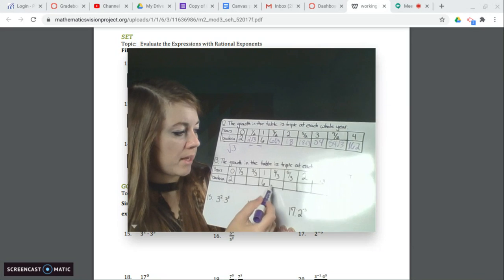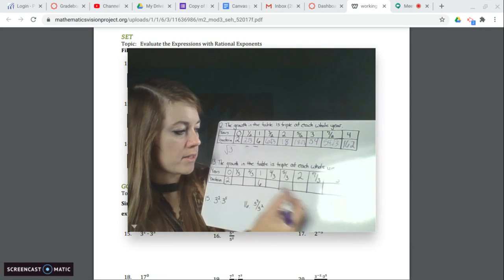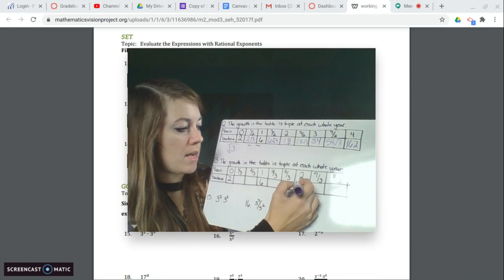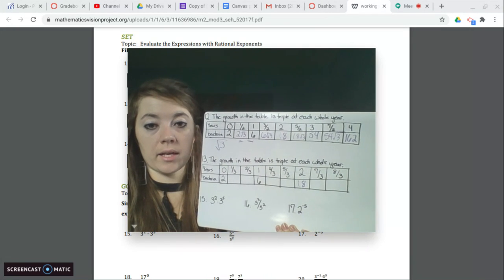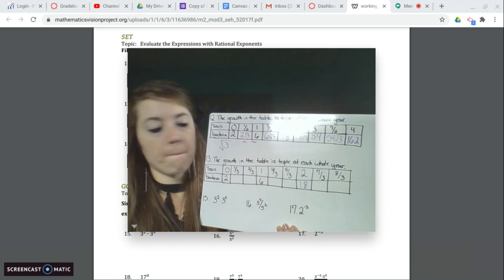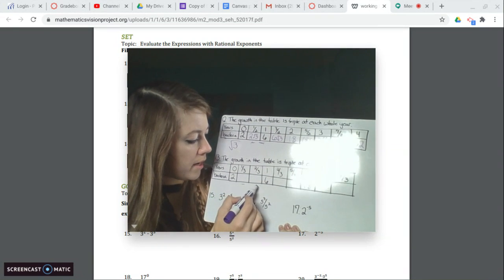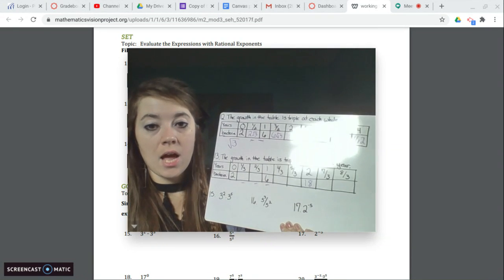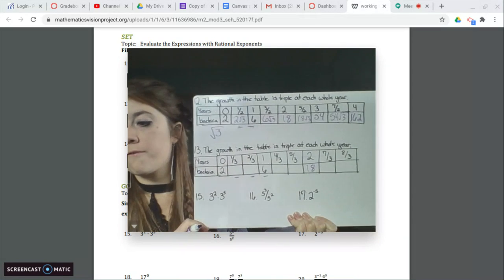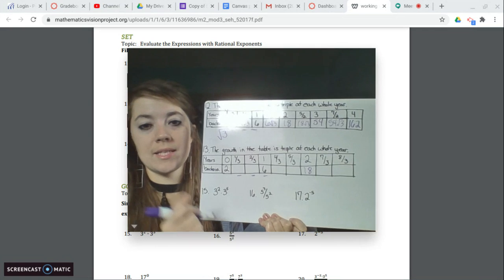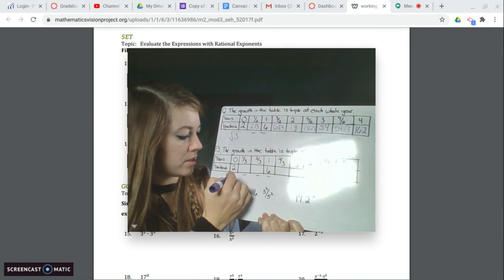So once again, we're tripling, but this time we're splitting it a little differently. So at 2, 6 times 3 is 18. So we still have the same pattern going on here. We're still tripling. But in this case, we have 1, 2, 3 places. So for this, we're going to take, once again, 6 divided by 2 is 3.